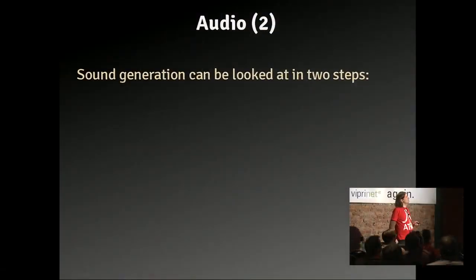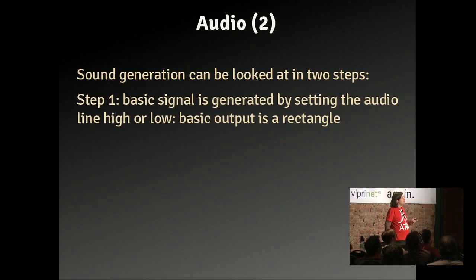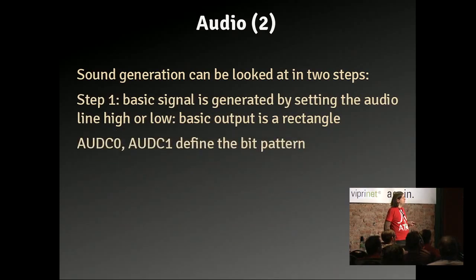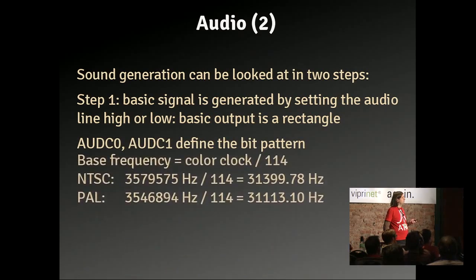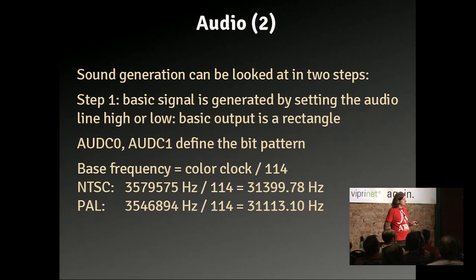So the sound generation can be looked at in 2 steps. Step one is to create the basic signal. For this one, the control register defines the pattern and the base frequency. The base frequency is the color clock divided by 114.